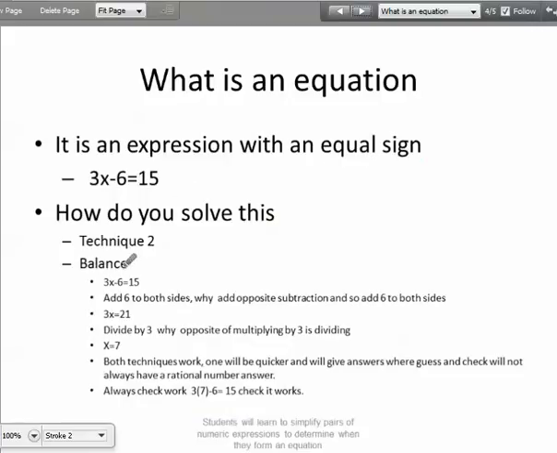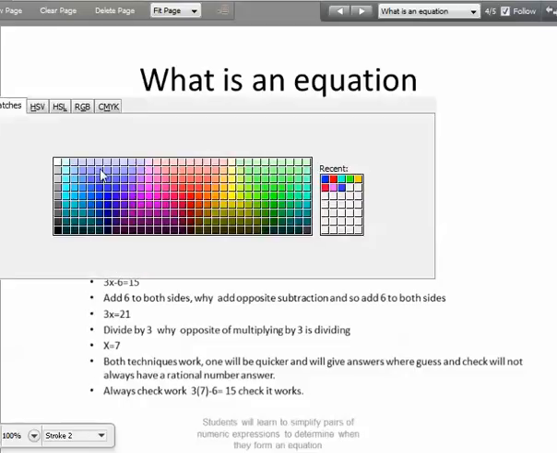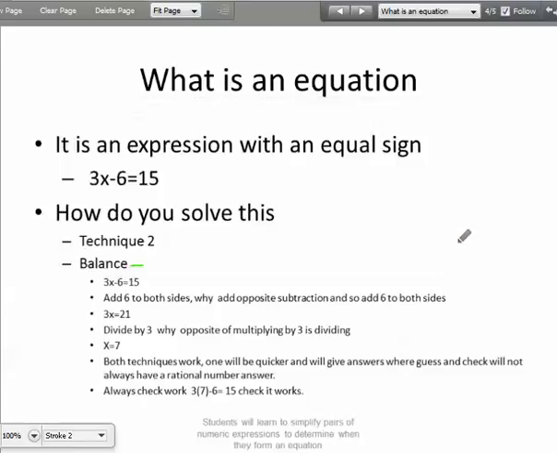This approach is called the balance approach. And what we're going to do is we're going to try to balance as if it were on a seesaw. That's what I'll think about. So if you've got a seesaw sitting here and you've got a balance point here, you know that if you put two or three people over here, you got to put the same weight over here to get it to balance out.